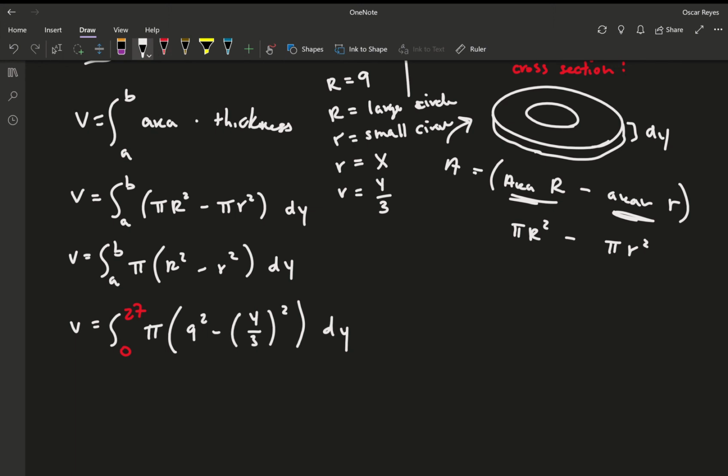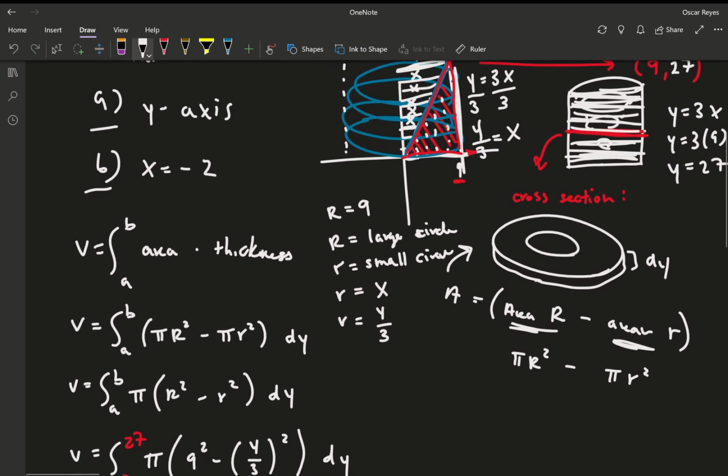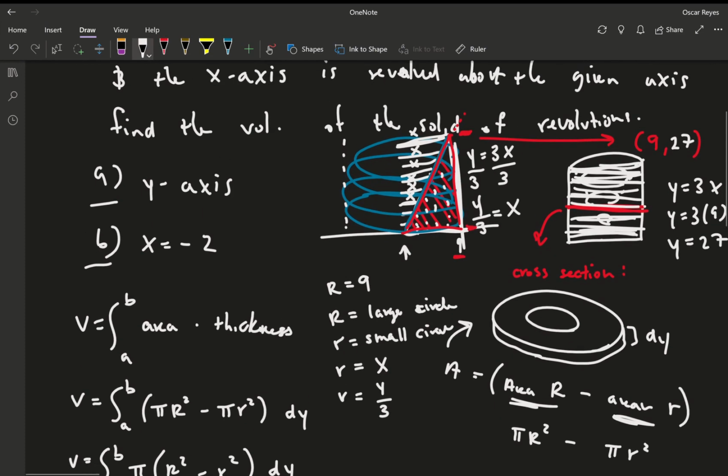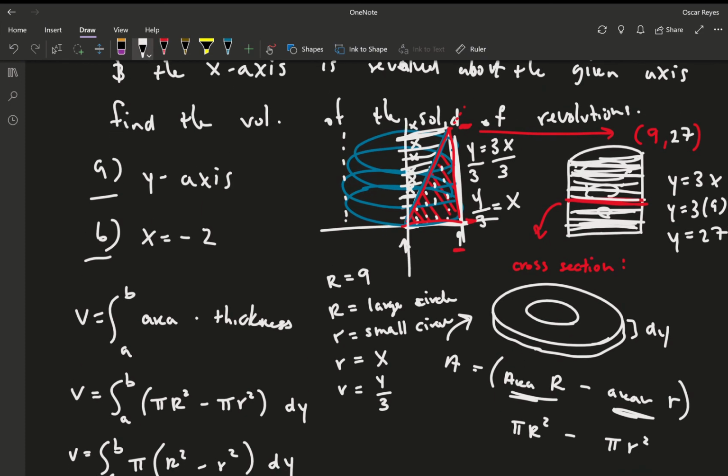Now, if we were looking at it from the x, if this was a dx problem, we would be looking at it from here to here, so from 0 to 9. But since we're not, we're looking at it from this area, which we know is from 0 to 27.